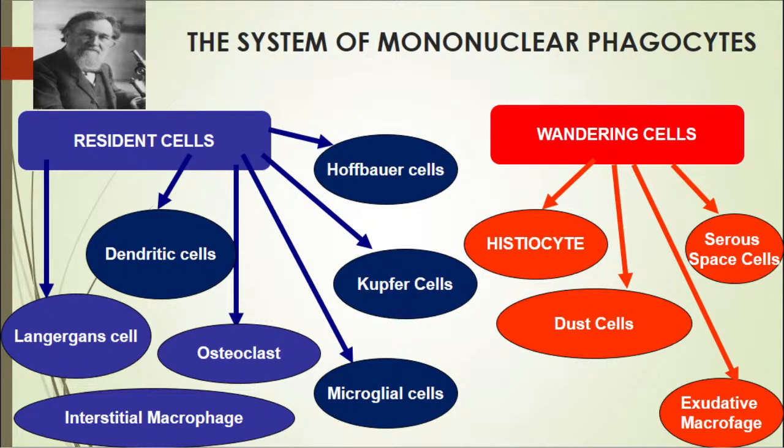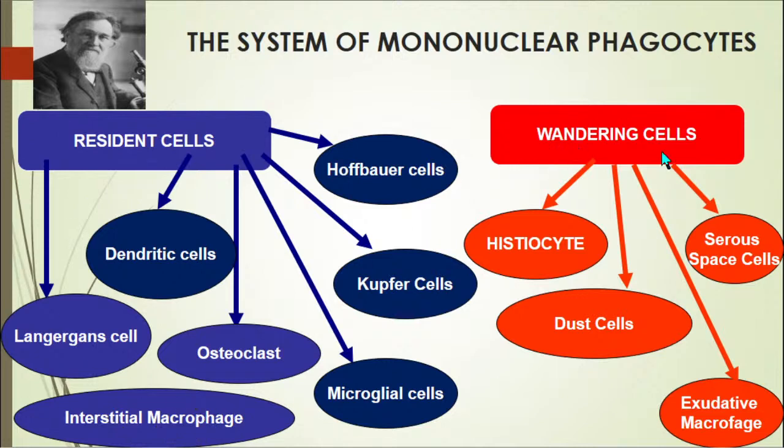These are the resident cells. We only name them. Langerhans cells in epidermis, dendritic cells in the lymph nodes, Hofbauer cells in the placenta, Kupffer cells in the liver, osteoclasts in the bone, microglial cells in the brain, intestinal macrophage is also specialized, but these are also resident cells.